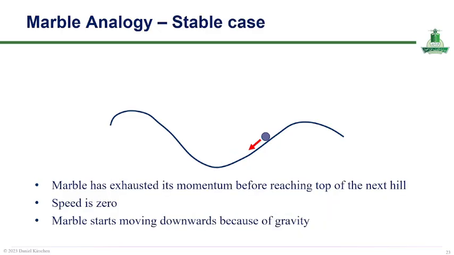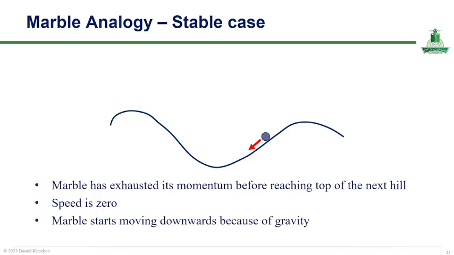Okay, this slide illustrates the stable case using the marble analogy. As the marble moves upfield after passing the lowest point, it gradually loses its momentum and eventually comes to a stop before reaching the top of the next hill. So at this instant, its speed becomes zero due to gravity.